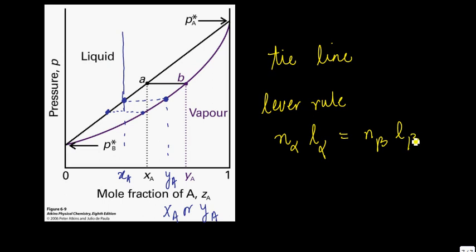It's essentially if this fellow is close to the liquid phase, then almost everything is liquid. More is liquid, less is vapor. That's all. So let me mark it over here then.